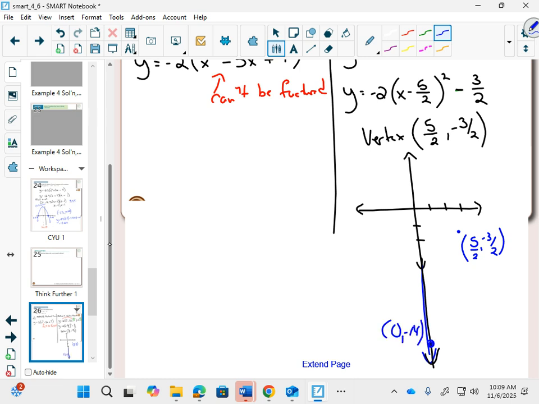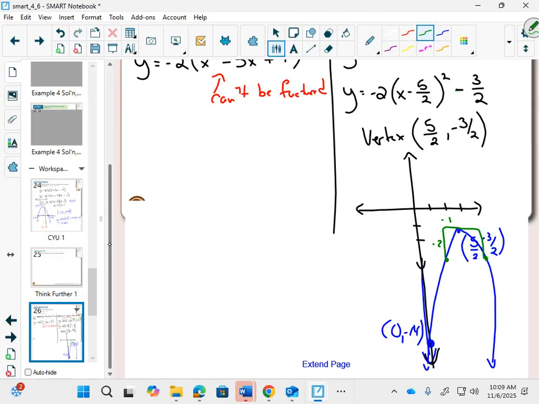Can you see that if you plug in 0 into the original equation, it's really easy to get -14? In this example, to me, that's the easiest way to find a second point. You could also go over 1 down 2, because the a value is a -2.